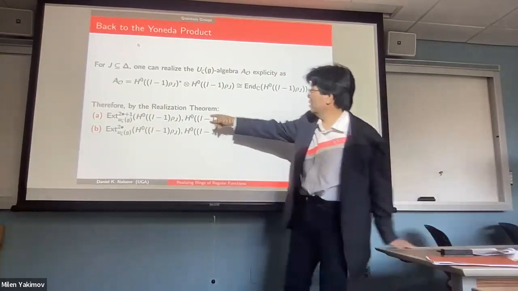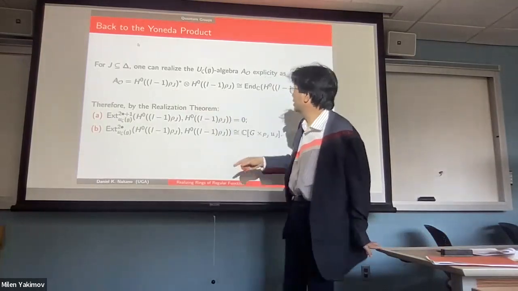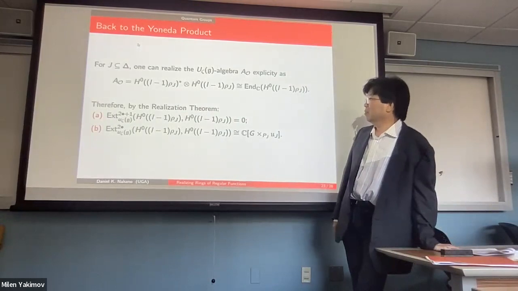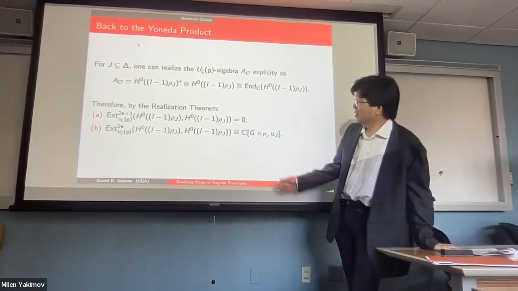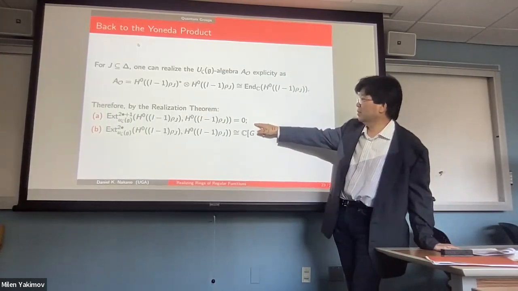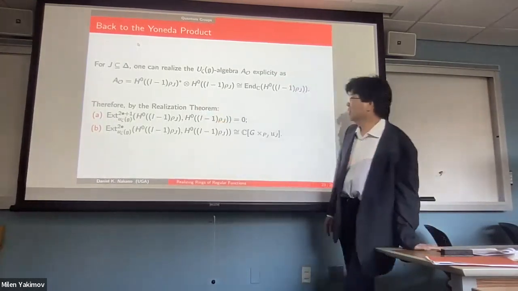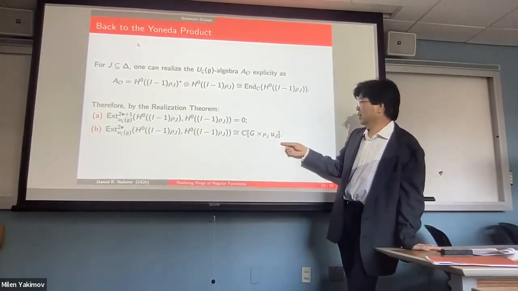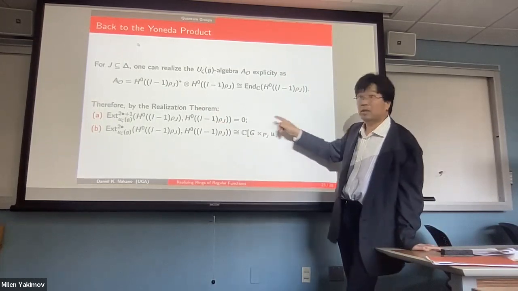So A of O, you're going to take the dual here tensor this, which is the same as the endomorphism algebra. And then by the realization theorem that we had before, the odd degree cohomology vanishes for this. So this is your M and your M. And here, your X algebra is the coordinate algebra on this orbit space. Now, this space here is the commutative algebra.